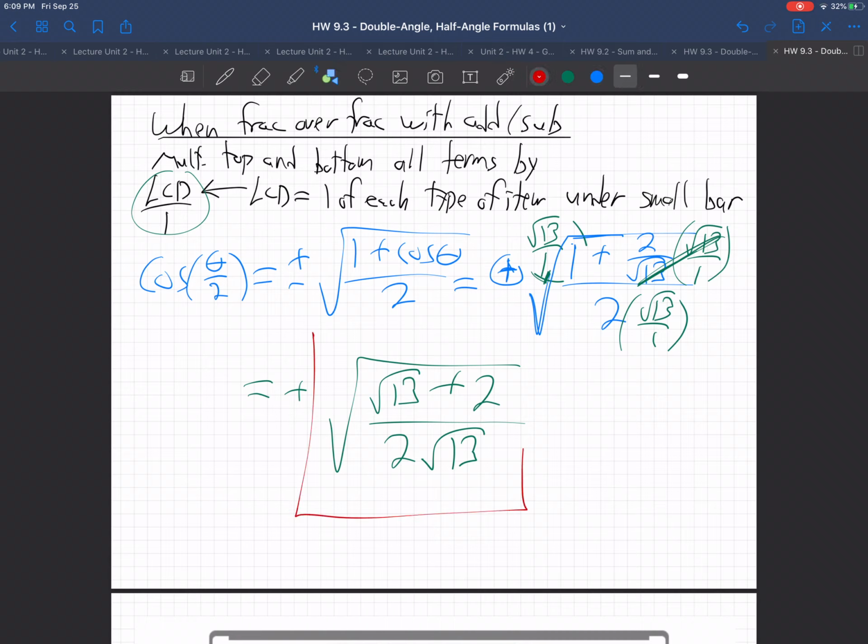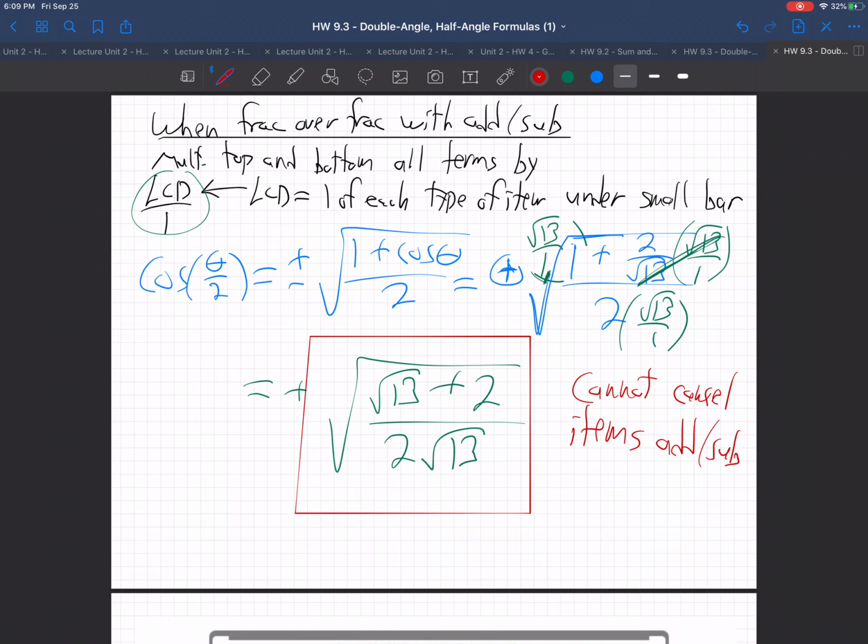In fact, you can't. You might think, well, shouldn't we cancel those root 13s? It's actually illegal. You cannot cancel items added or subtracted. I call it Costco glue, if you remember some of my other lectures. So this plus sign right there is gluing those things together.